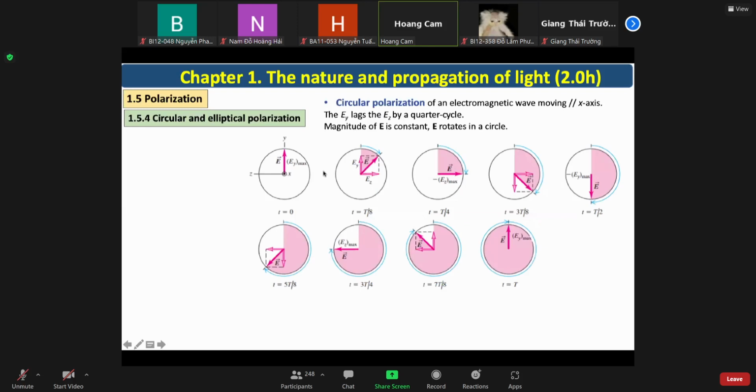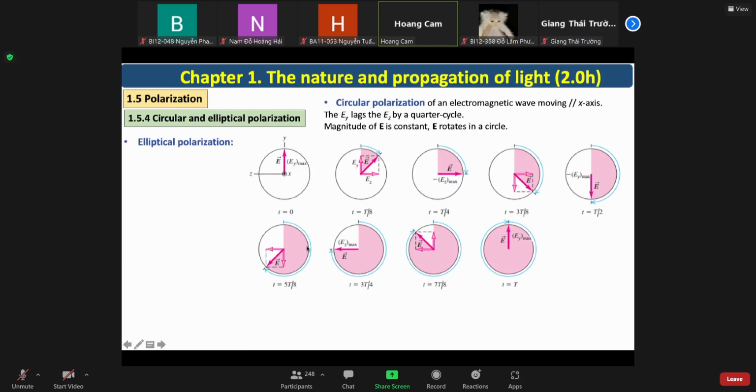And here we see that the amplitudes of EY and EZ, the two components, are equal to each other. Finally, the magnitude of vector E is constant. That's why it can draw a circle, so vector E rotates in a circle in this case.